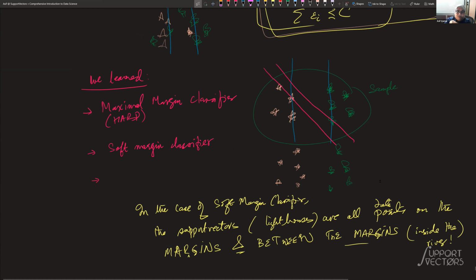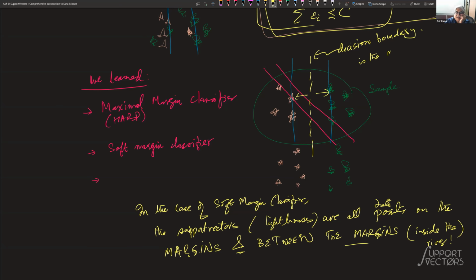See, between these two margins, there will be the decision boundary. Remember, this is the decision boundary. It's only one boundary still, but there are two margins. That is, you need these two symmetric margins. The decision boundary is the median between the margins.